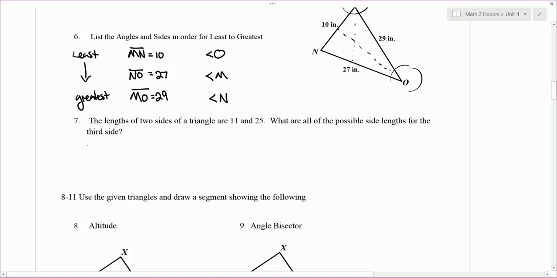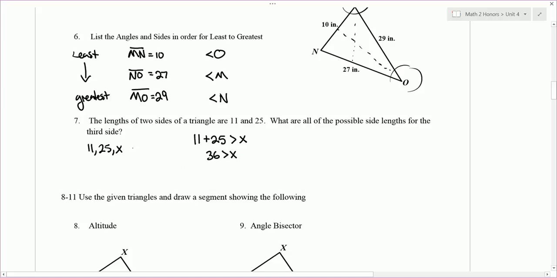So our three sides are 11, 25, and x. Let's first assume that x is the largest side. If x is the largest of the three, then 11 plus 25 needs to be bigger than x by the triangle inequality. And so from that, 11 plus 25 is 36. So 36 needs to be larger than x.